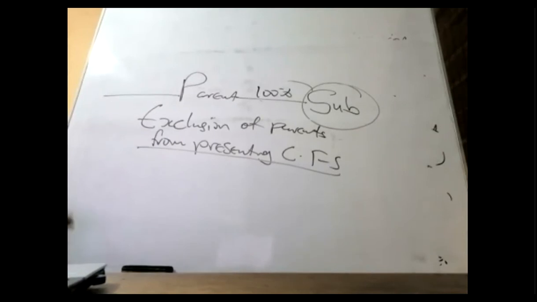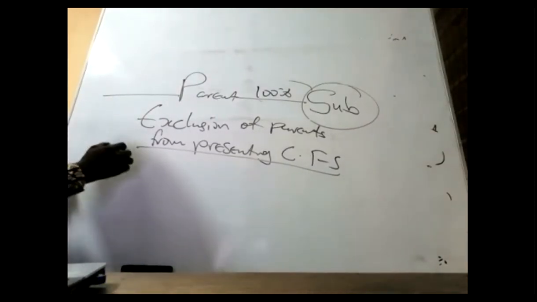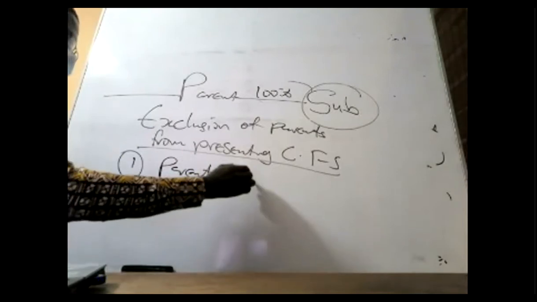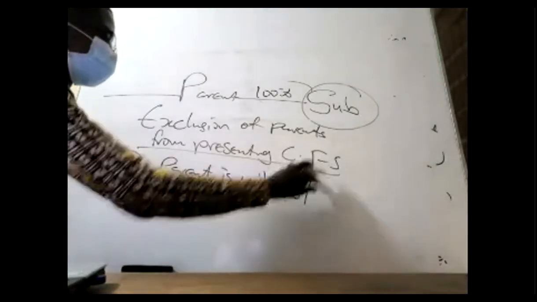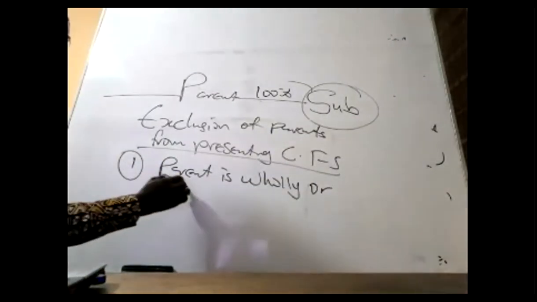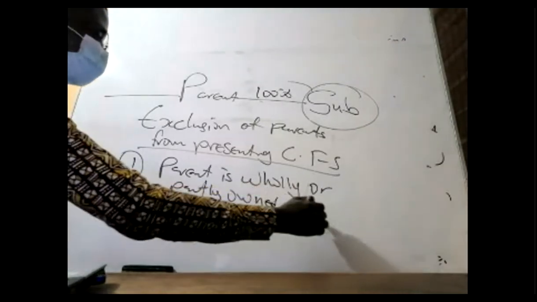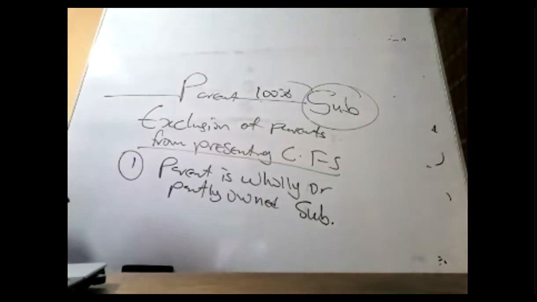We have four conditions where parents will not be allowed to present a consolidated financial statement. Rule number one: if the parent itself is a wholly or partly owned subsidiary.